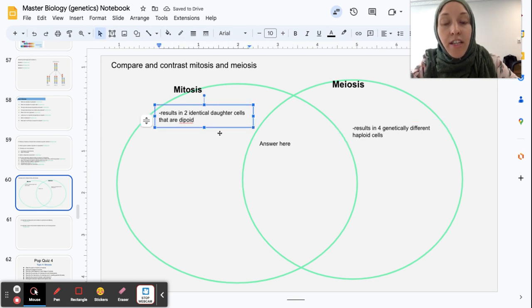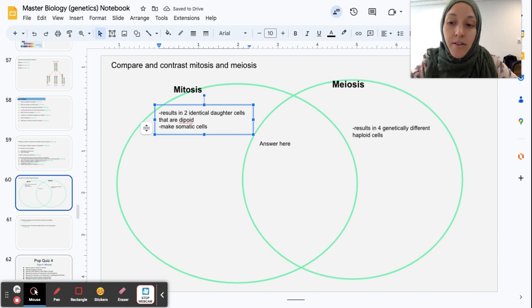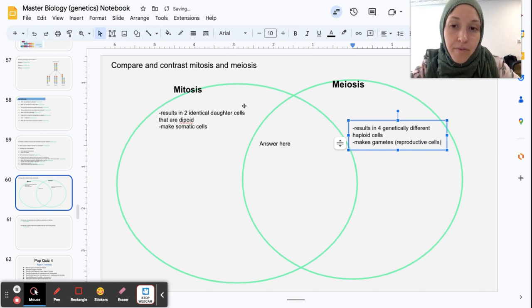So mitosis makes somatic cells, which remember are our tissue cells, muscle cells, liver cells. Whereas in meiosis, we are making gametes, which are reproductive cells.